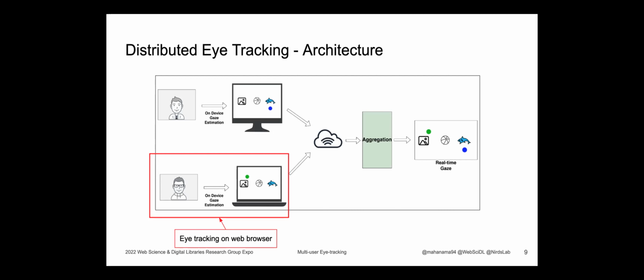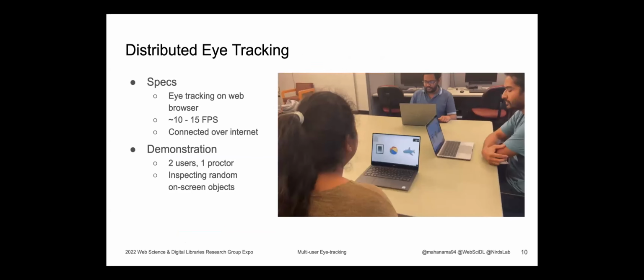Here also we use web cameras and perform screen gaze estimation on the device, and we aggregate them to get the real-time gaze positions. For example, in this illustration, we have 2 users and their gazes are aggregated together to perform the final gaze estimation, the real-time gaze positions.